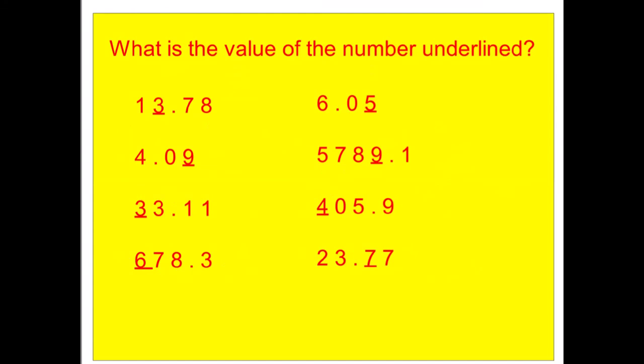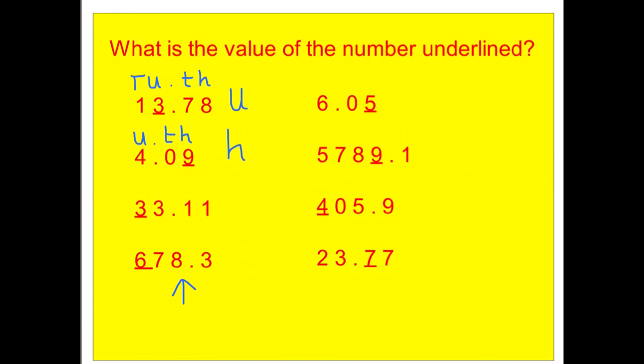What is the value of the number underlined? Well, I'm going to do the examples on the left side first. So the value of the first one, we have our tens, units, decimal point, tenths, hundredths. So that is 3 units. A second number, units coming before the decimal, then decimal, tenths and hundredths.